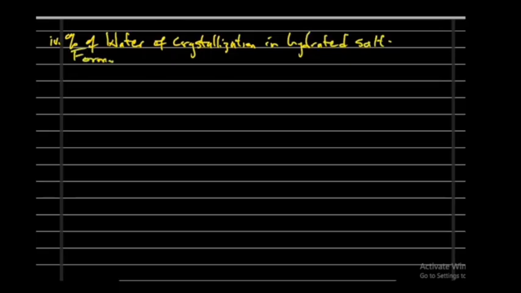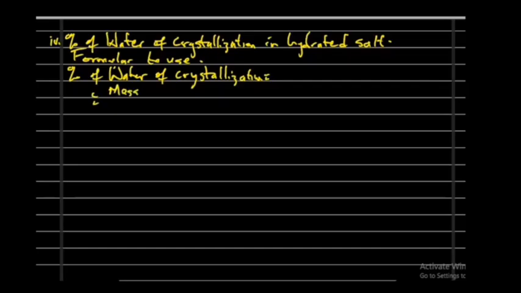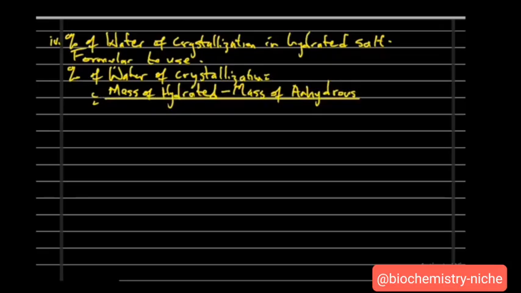The formula to use for that, we have percentage of water of crystallization equals mass of hydrated minus mass of anhydrous, divided by mass of hydrated, multiplied by 100/1.